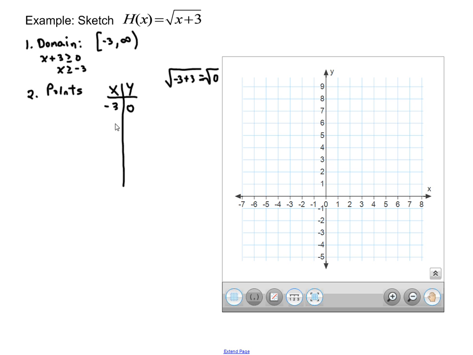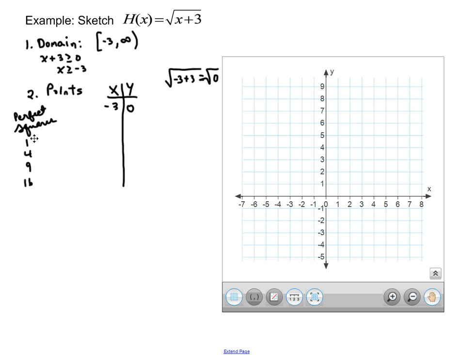Well, how do we know what else to pick? Remember that if we're taking square roots, we want to take square roots of perfect squares. Right? So what are some perfect squares? Well, perfect squares include numbers like 1, 4, 9, 16, and so on.